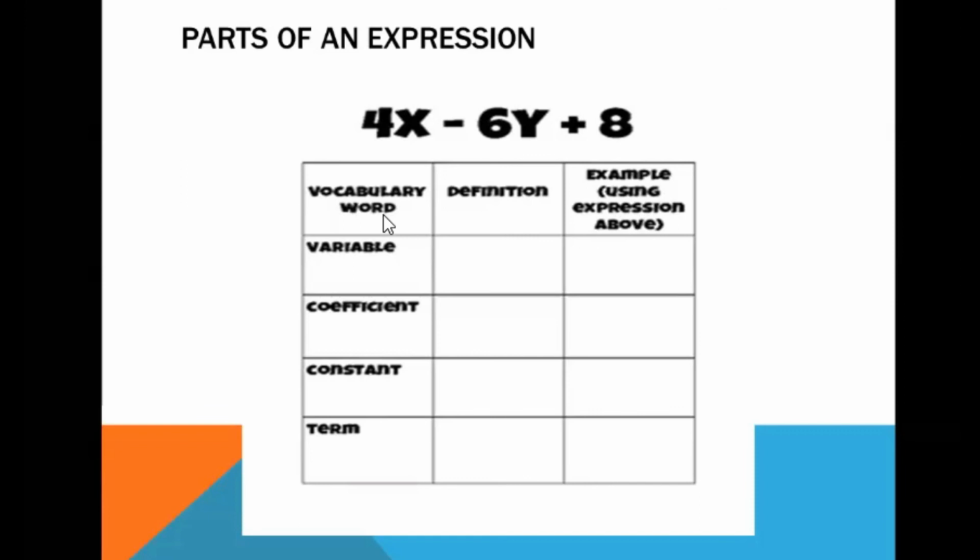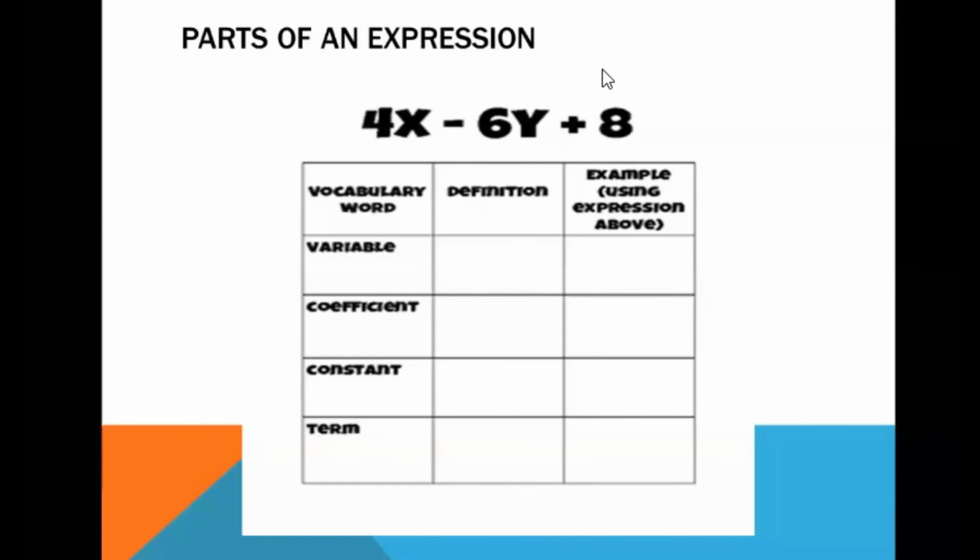So for instance, I'll give you one of the variable. For the definition, you write a small, one sentence, what you think is a variable from the explanations before. And you use an example from the top here to say which one is the variable. There are two variables. You do the same for coefficient, you do the same for constant, and you do the same for term. Please start working.